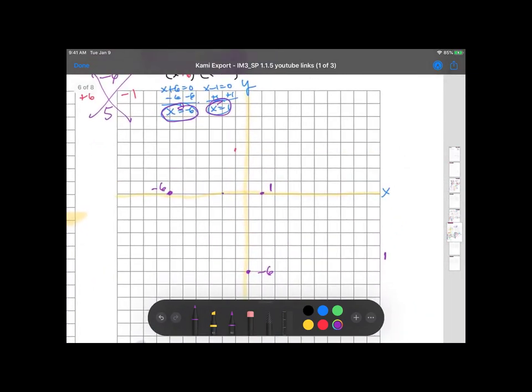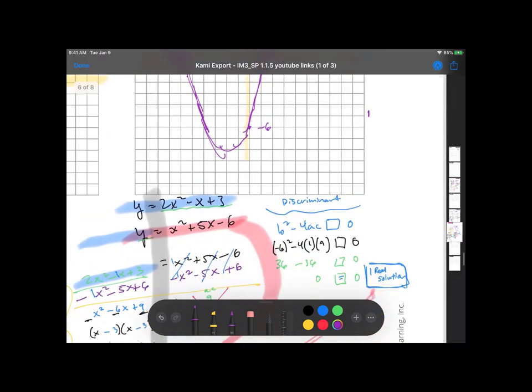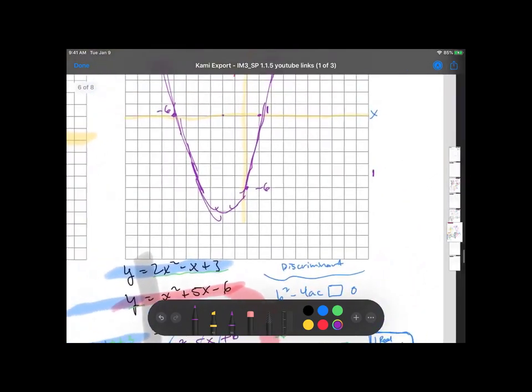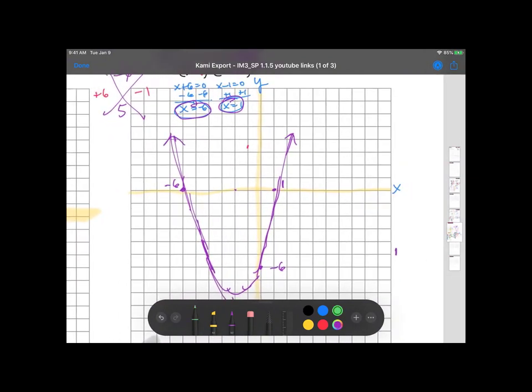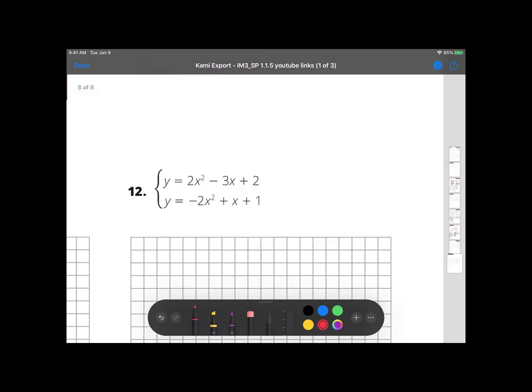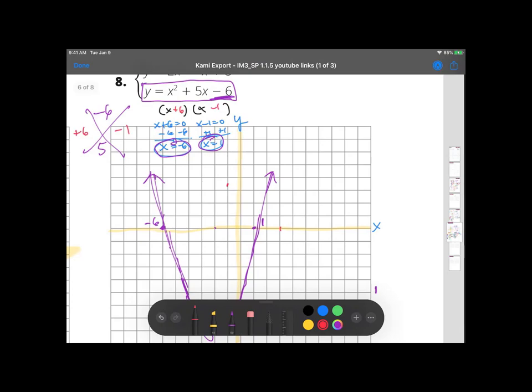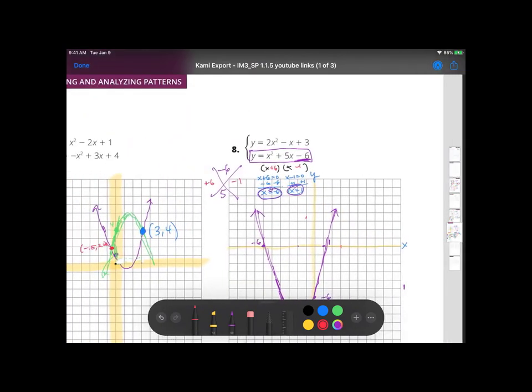So my graph's going to look something like this. Our intersection, what was our answer? 3, 30, wow. 3 would be on the x, and then 30 is going to be way up here. This is what our solution is.